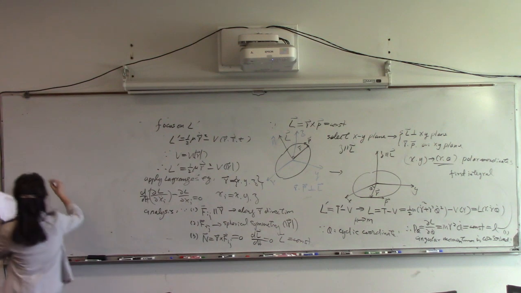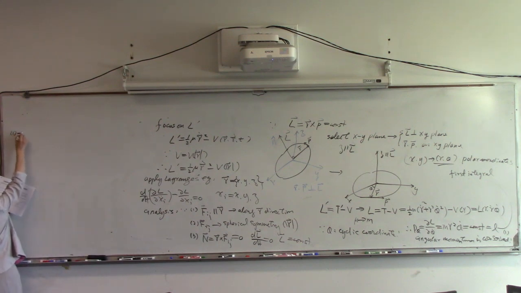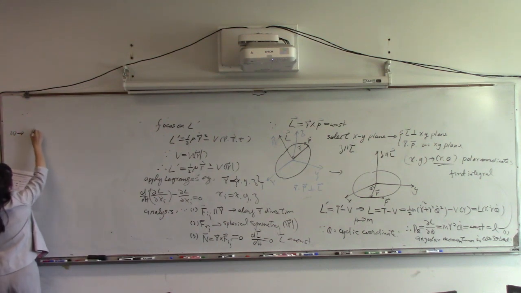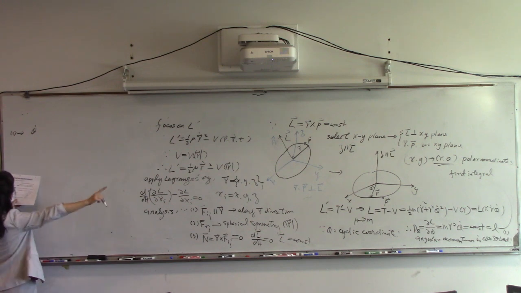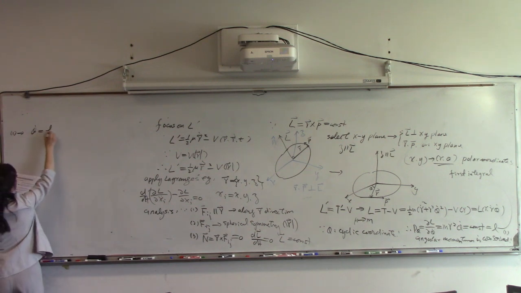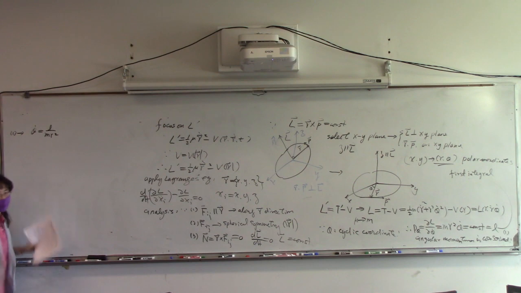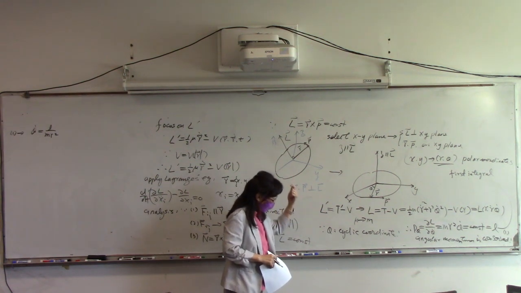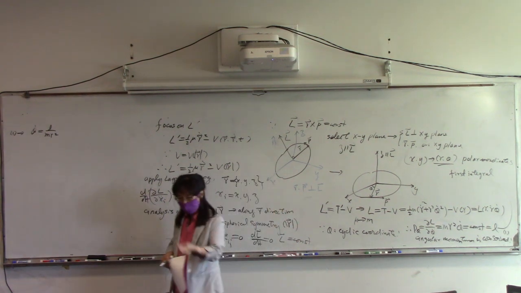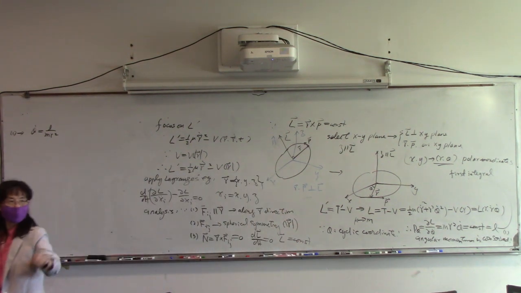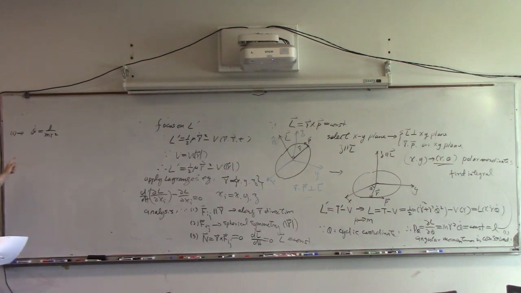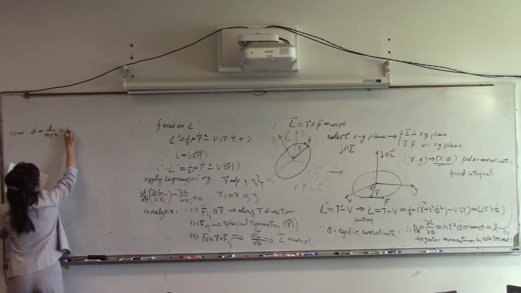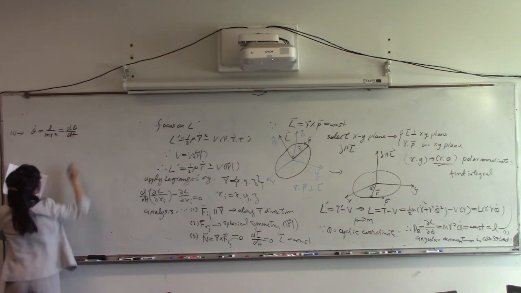From equation 1, we can get theta dot, which is L over m r squared, right? So what that means: we want to solve the Lagrange equation to find theta as a function of time and r as a function of time. That is the equation of motion for the hyperbolic trajectory. Now we have d theta dt, right?